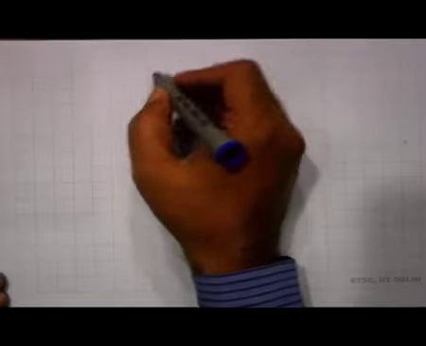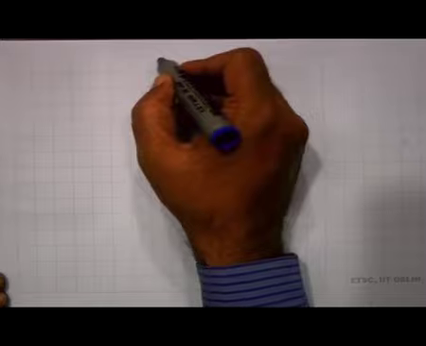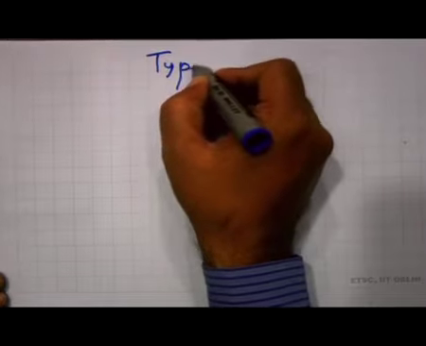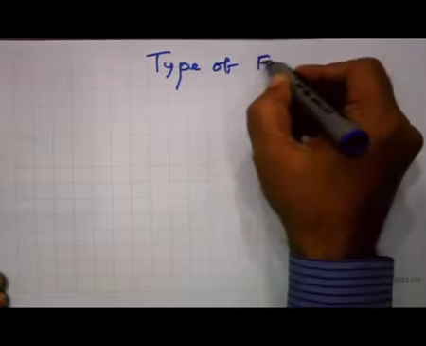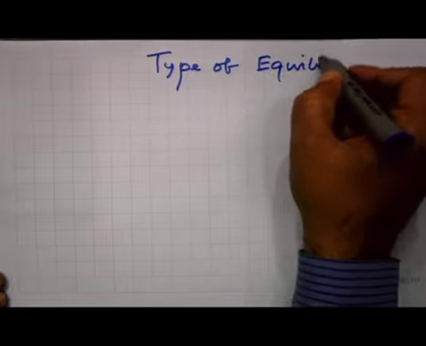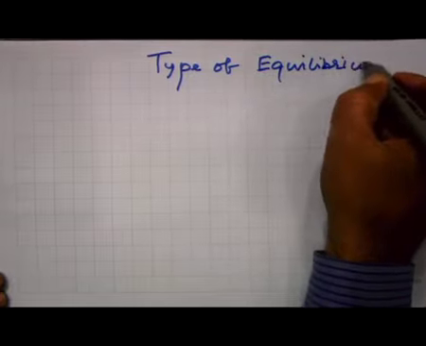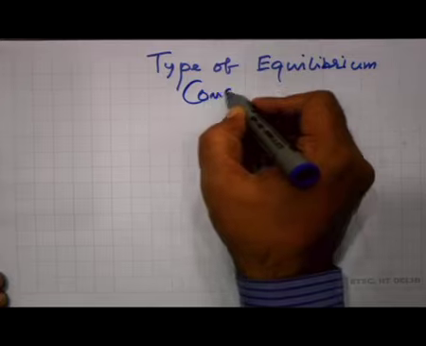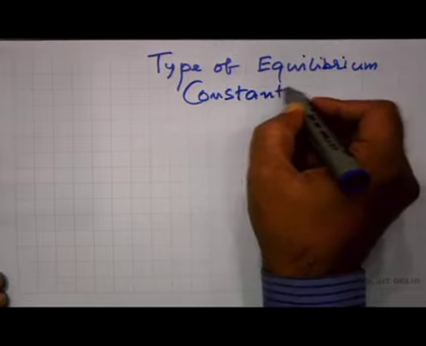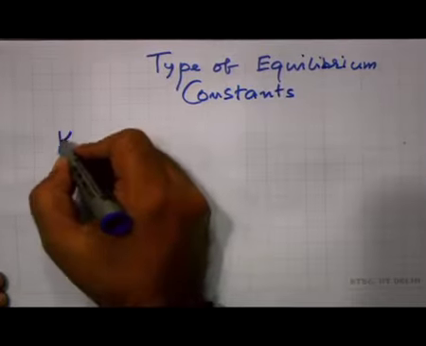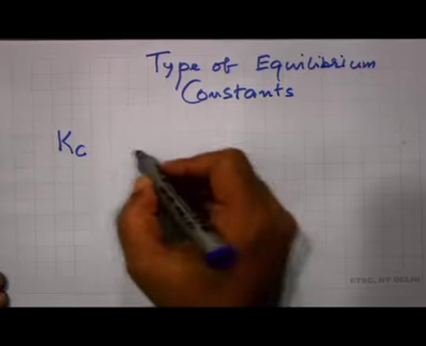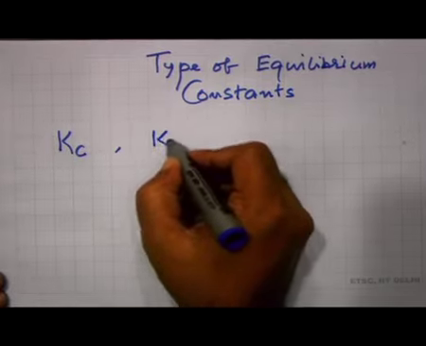Then we talked about the types of equilibrium constants, and I introduced terms like Kc, Kp and Kx.